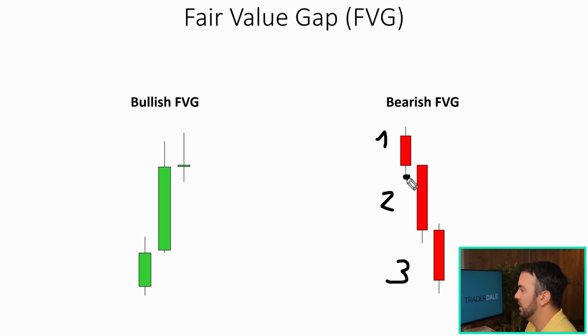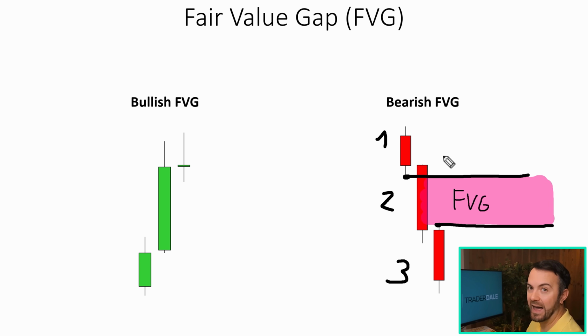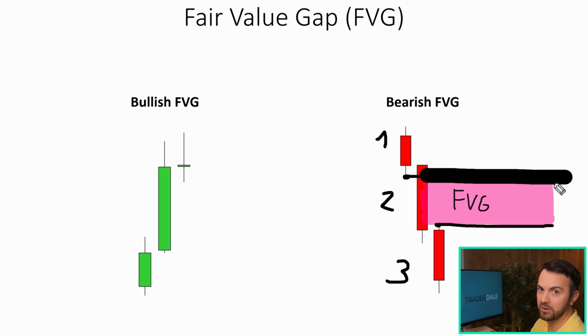And if the low of the first candle and the high of the third candle don't overlap, then you have a bearish fair value gap there. This whole area is the fair value gap, and I like to trade from the beginning of the bearish fair value gap, which is here. Now let me show you on the chart.